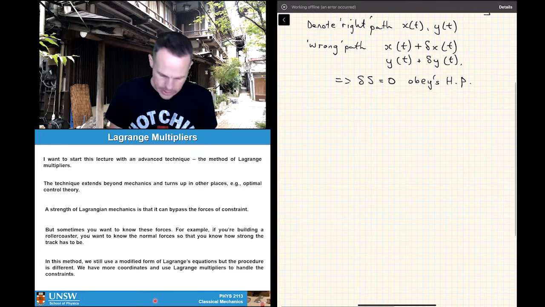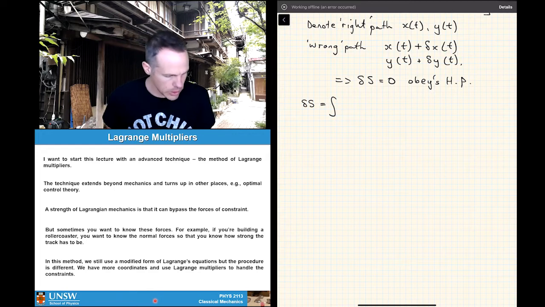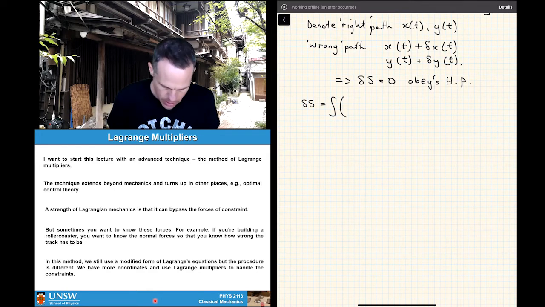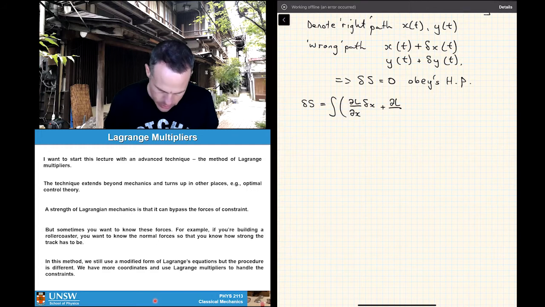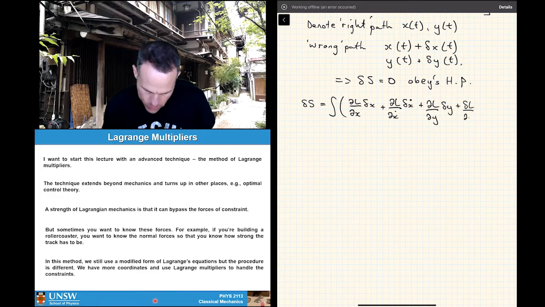And this is fairly easily done, just going back to what we know from calculus. So this will now be integral, and I'll leave the 2 times off here just to keep things simple. It's going to be dl on dx delta x plus dl on dx dot delta x dot plus dl on dy delta y plus dl on dy dot delta y dot.